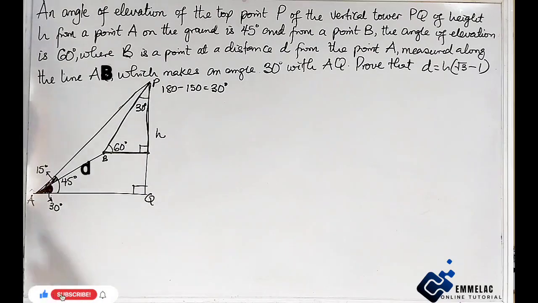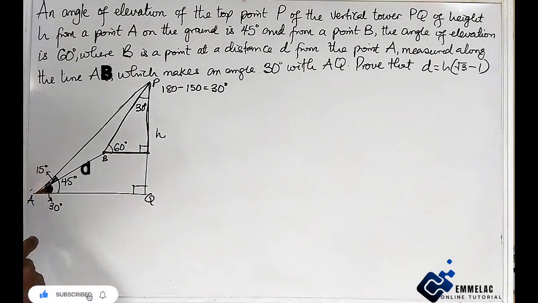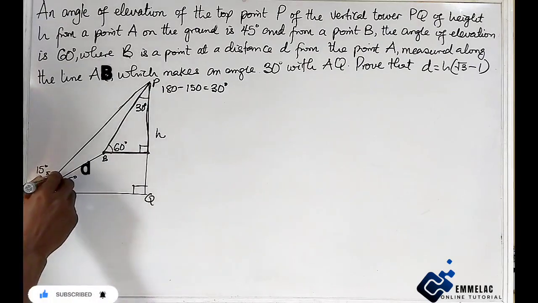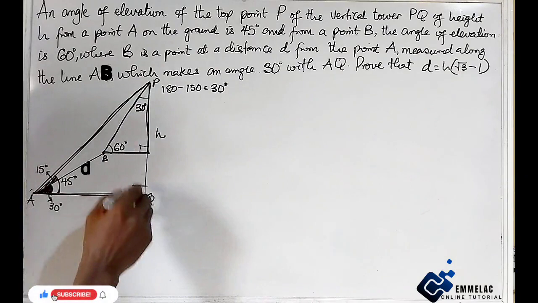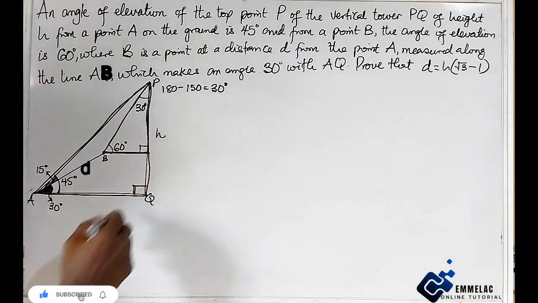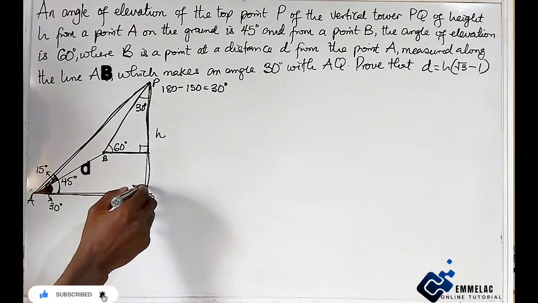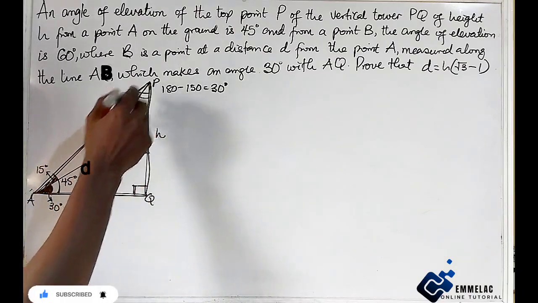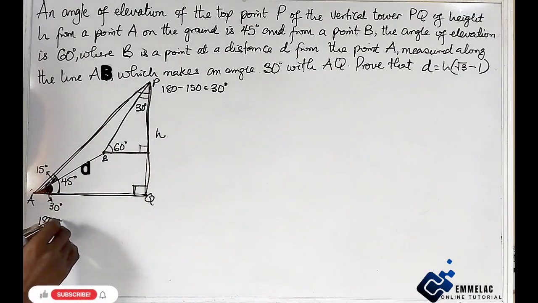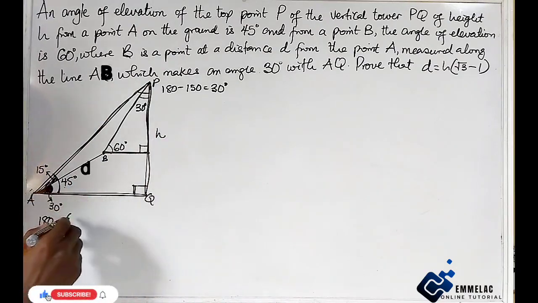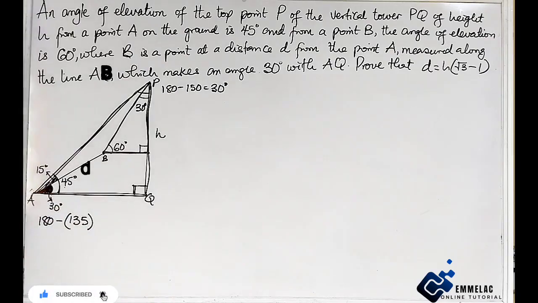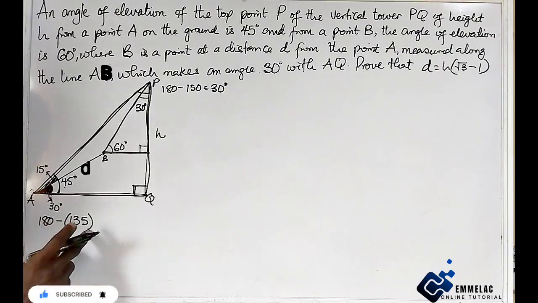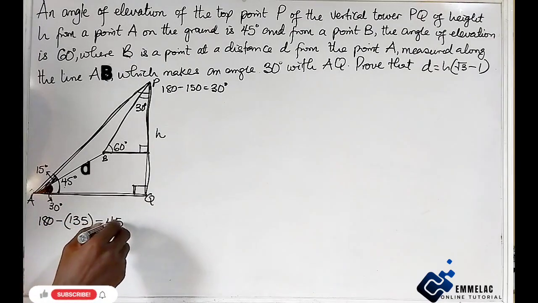Okay, now if here is 15 degrees, and here is 45 and here is 90, now if you are to get this triangle APQ, you see that this is 45, this is 90, and for us to get this part here, we have 180 minus the sum of 45 and 90, and that will be 135 degrees. Okay, and 180 minus 135 will give us 45 degrees.